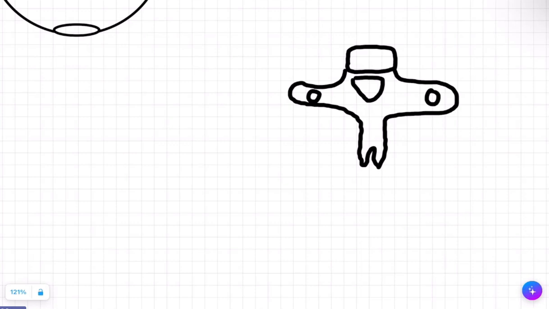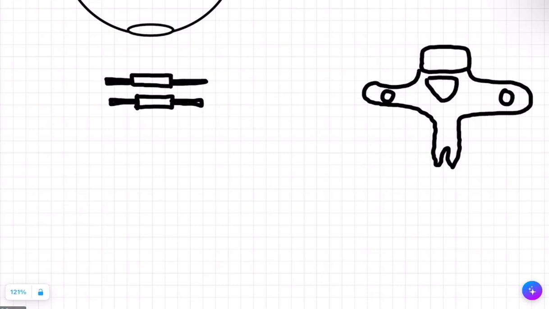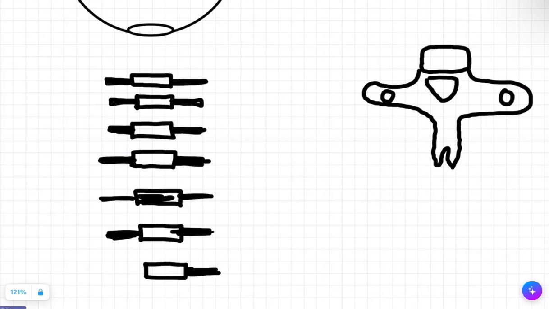So, if I draw the transverse processes of all the vertebrae here: C1, C2, C3, then C4, then our C5, then our C6, and C7.